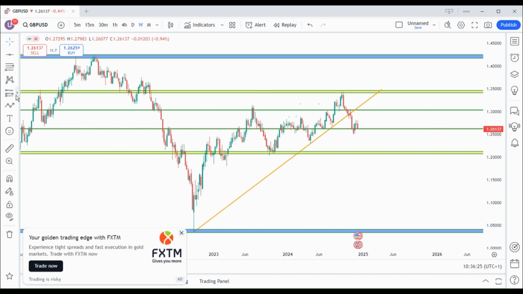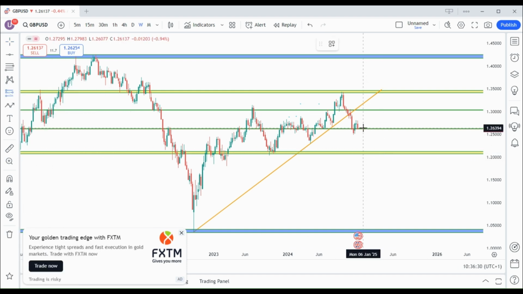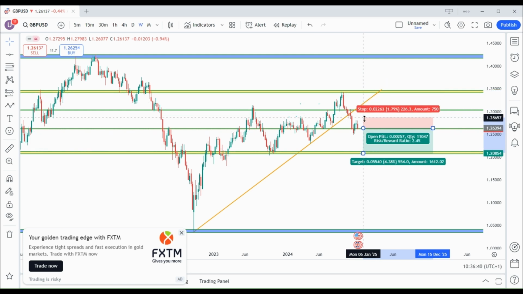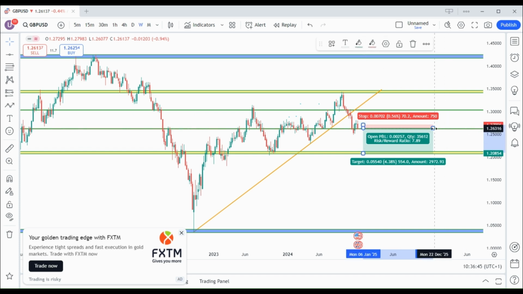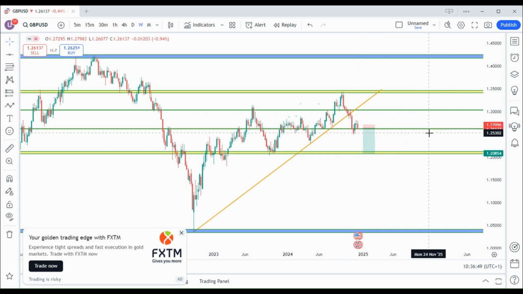We are selling this price to come to this zone, after printing the weekly bearish engulf candle. Our next target should be here at 1.20854. We'll pick our sales somewhere here. So this is how we'll be approaching GU coming this week.